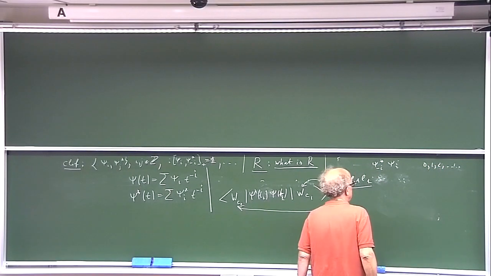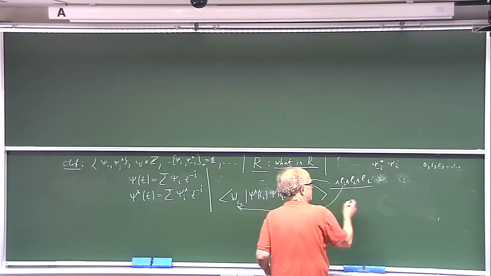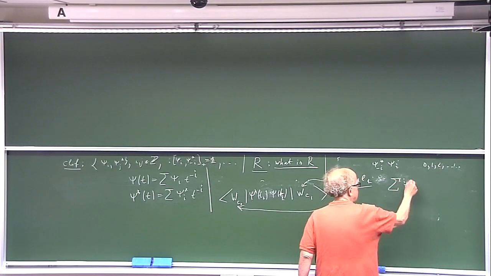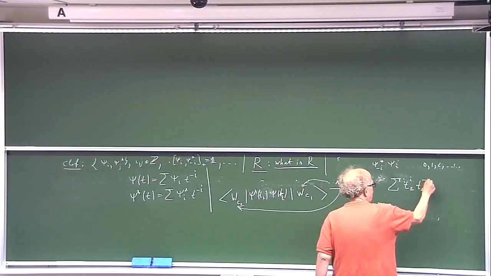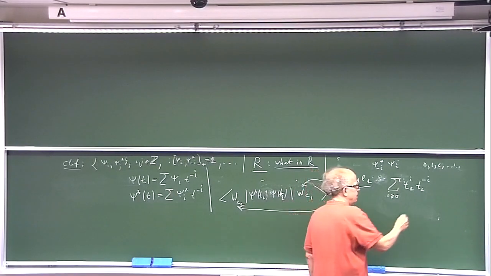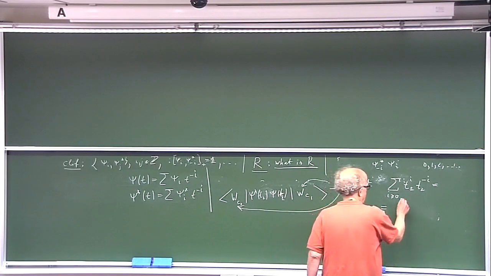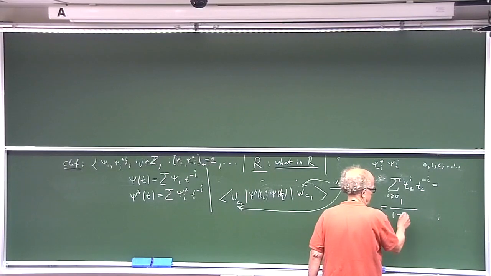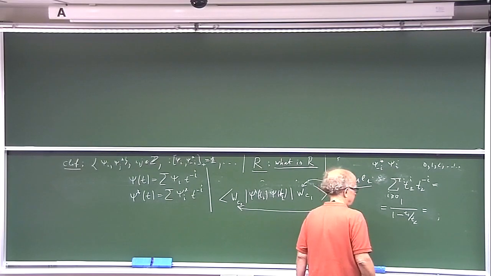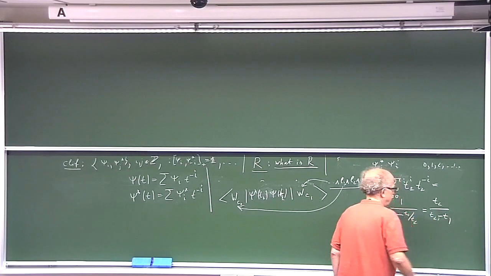And it means that in this case, this correlation function will be the sum of T1 power I, T2 power minus I, probably like this. And therefore we have, no, it is 1 over 1 minus T1 over T2, or I think in this case it is correct, it is T2 over T2 minus T1.